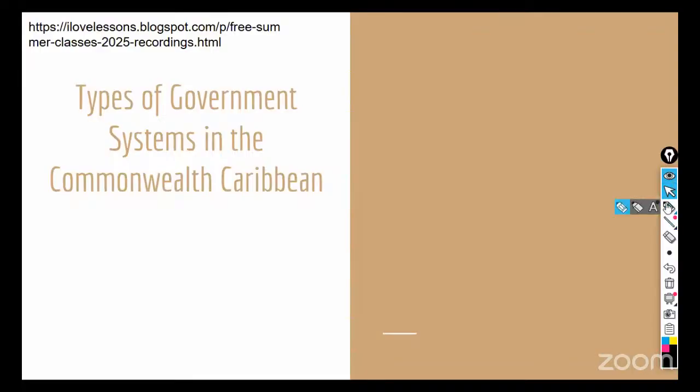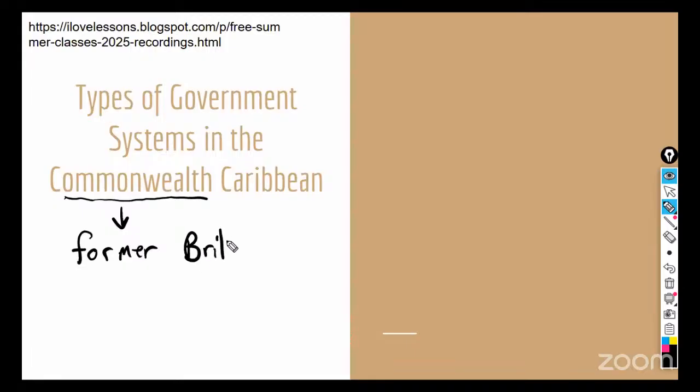And what Commonwealth means is formerly British territories, because their government systems evolved due to similar historical forces, or were shaped by similar historical conditions.